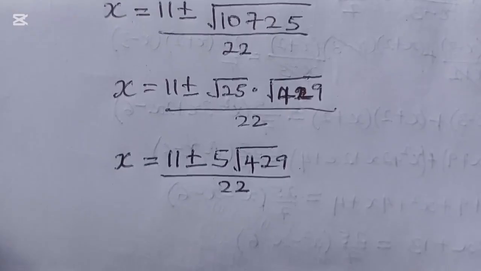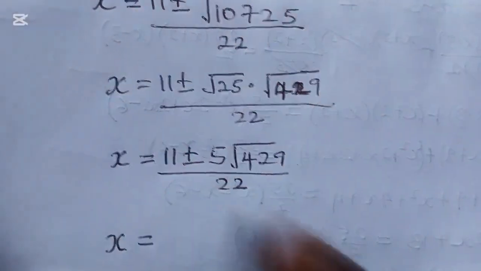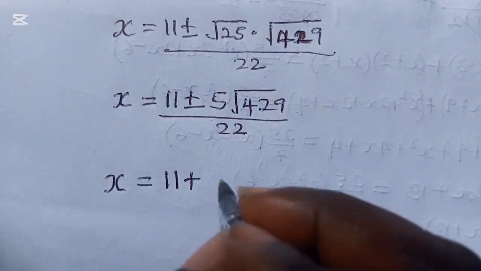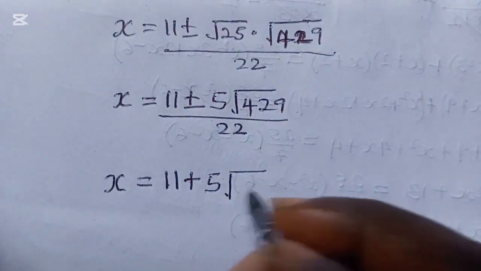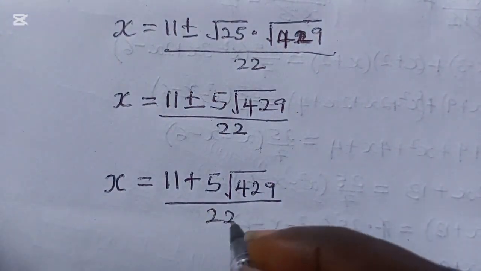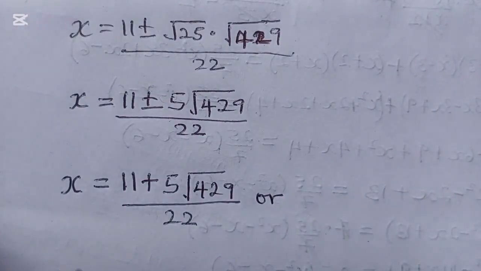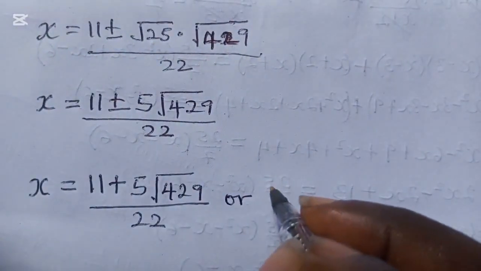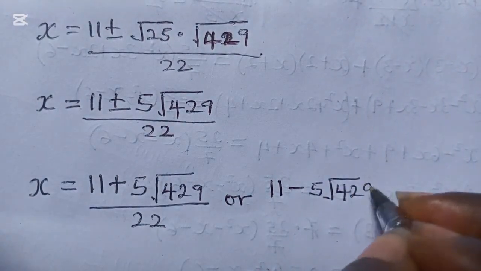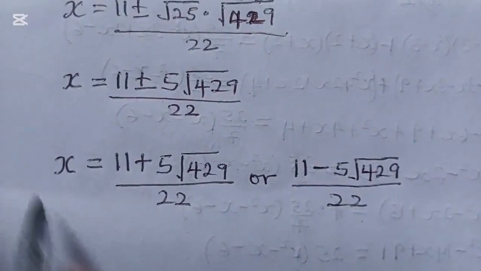So we can now say our final answer here is x equals 11 plus 5 square root of 429 divided by 22, or 11 minus 5 square root of 429 divided by 22. That is the final answer.